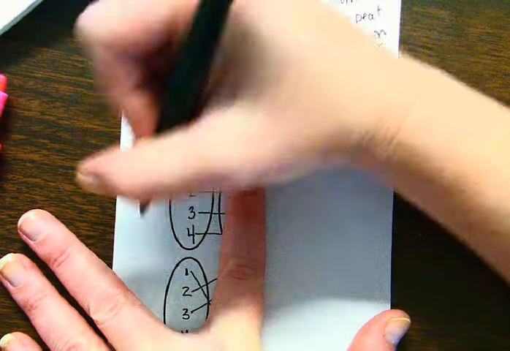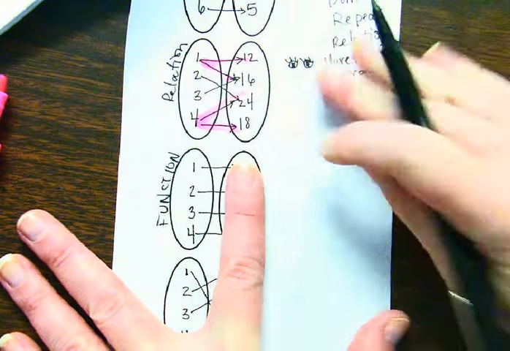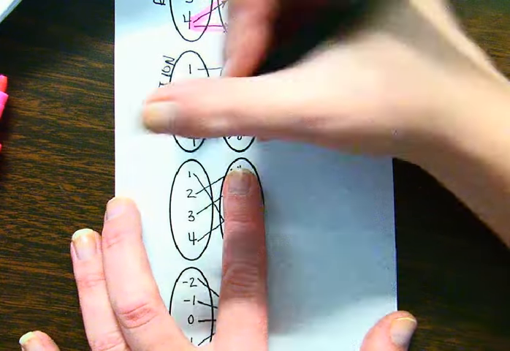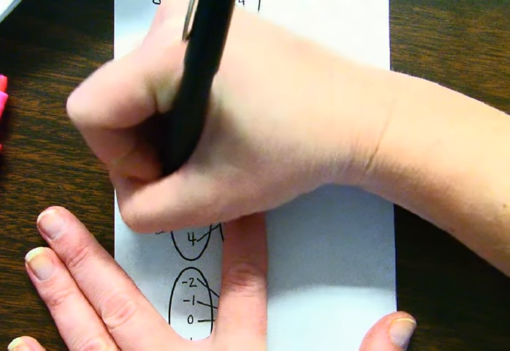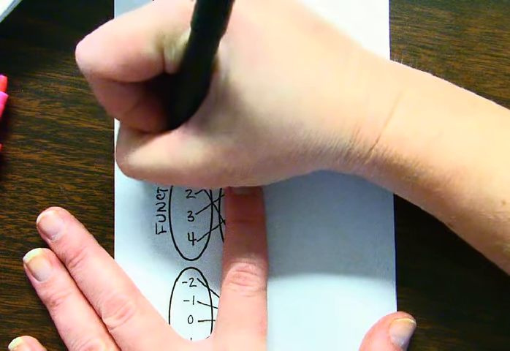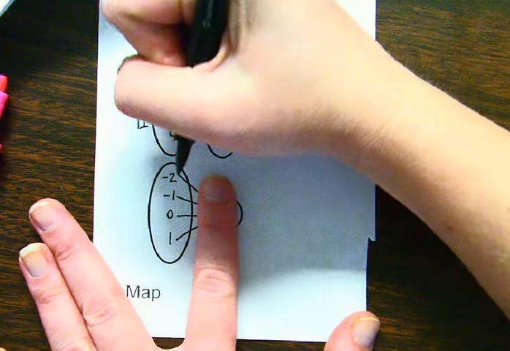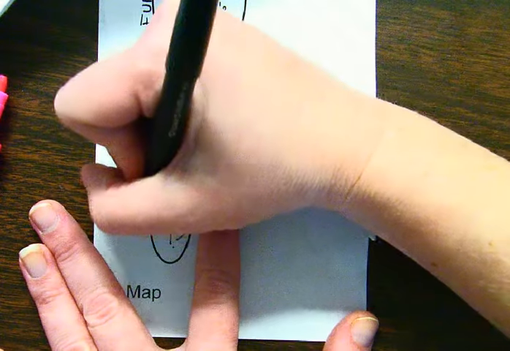This is a function. They can go crisscross applesauce, but each one of my domains only has 1 arrow, so this is a function. Looking at this, each domain has 1 arrow. This is a function.